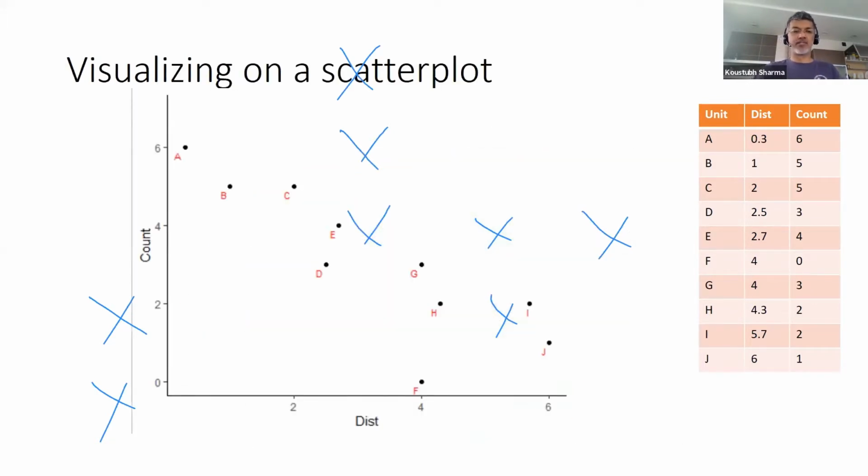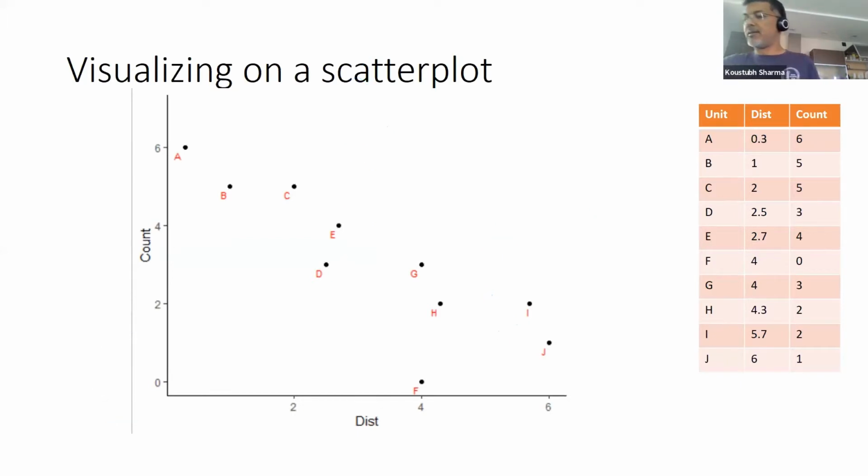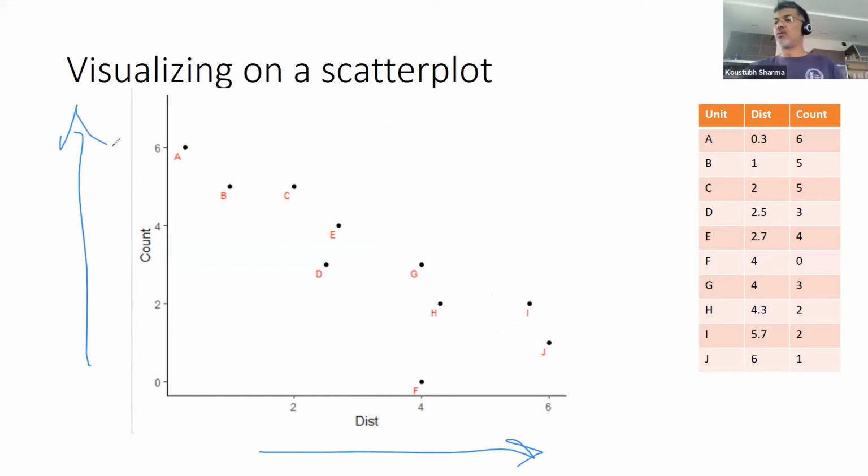What we did was we created a relationship between distance and count. You see, as the distance from water increases, the count overall seems to decrease. So units which were further away from water had fewer and fewer animals in them.